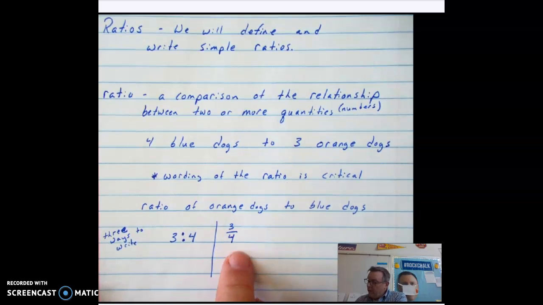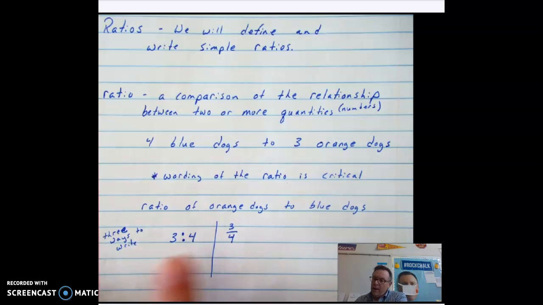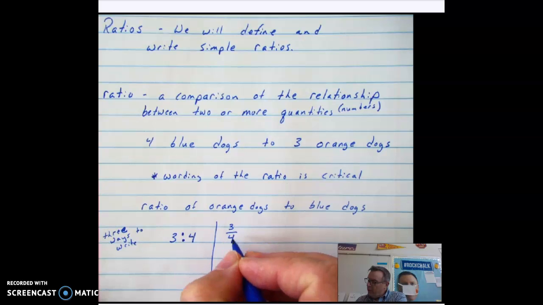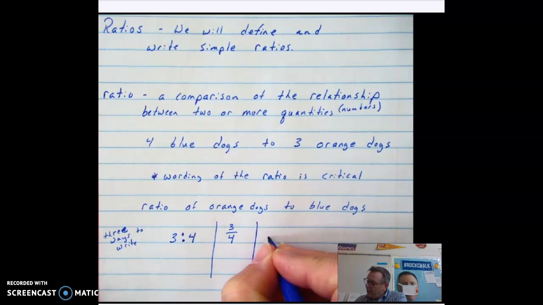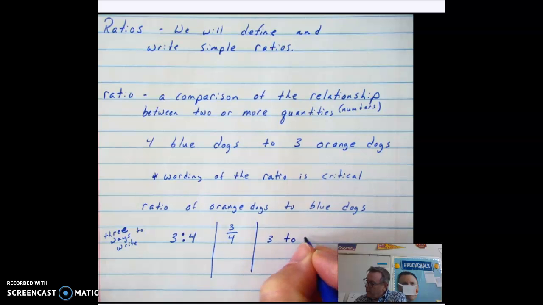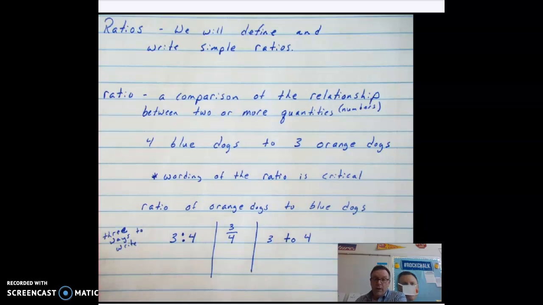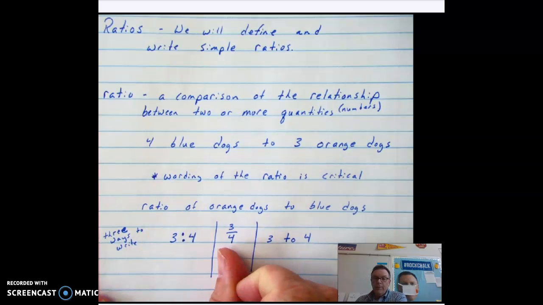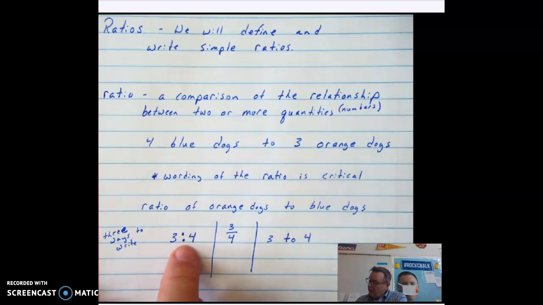That also is a ratio. It looks like a fraction, but if I asked you the question ratio-wise, you would know that it's 3 to 4. And then the last one is we can actually use the word to: 3 to 4. So what have you done with this ratio? You made a comparison of the relationship between the orange and the blue, and the orange and the blue is 3 to 4.